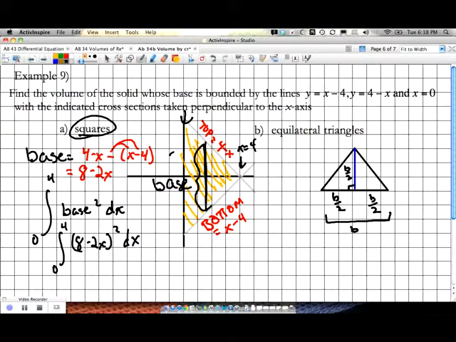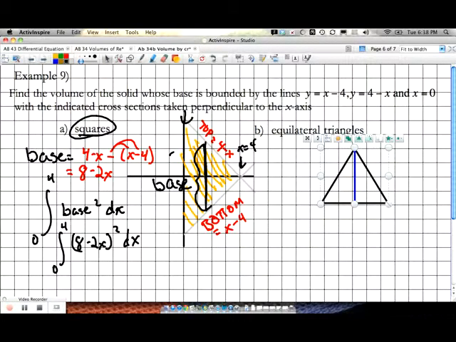Oh, wait a second. This is equilateral triangles. I was thinking right isosceles triangles. Let's stretch that out a little bit. Make it more equilateral. So we know that these are still b over 2 because the whole base is just b. But because it's equilateral, in a 30, 60, 90 triangle, that changes the relationship. So the height is b over 2 times the square root of 3.